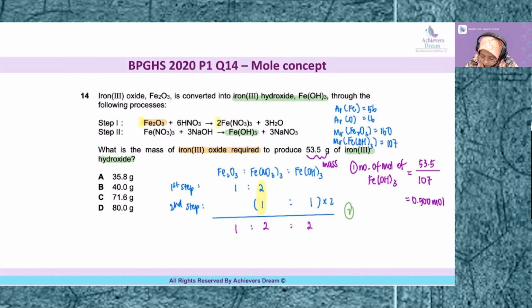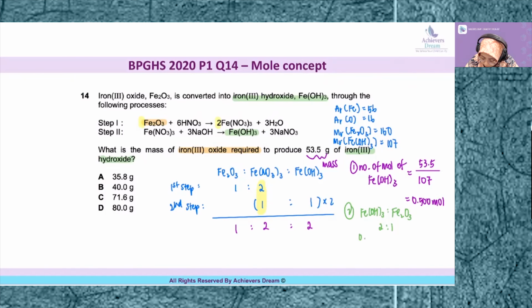Now the next step, after you have determined the number of moles of iron 3 hydroxide, you compare the mole ratio between what you found, which is iron 3 hydroxide, and what you are asked to find, which is iron 3 oxide, Fe2O3. Based on what we discussed earlier, the mole ratio is 2:1.